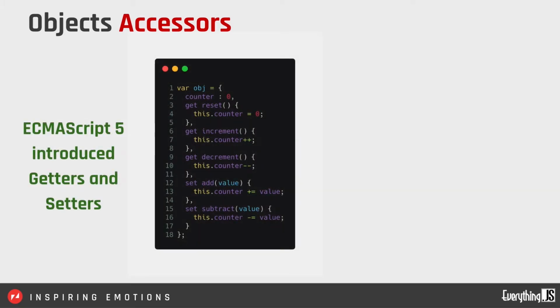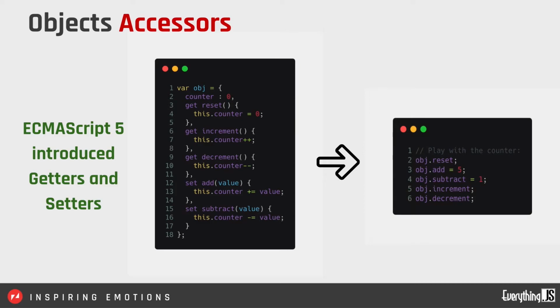And object accessors: ECMAScript 5 includes getters and setters. Like in other languages, a getter is a method that gets the value, and a setter is a method that you can use to set values.